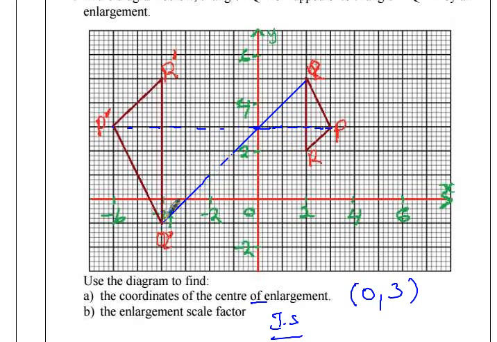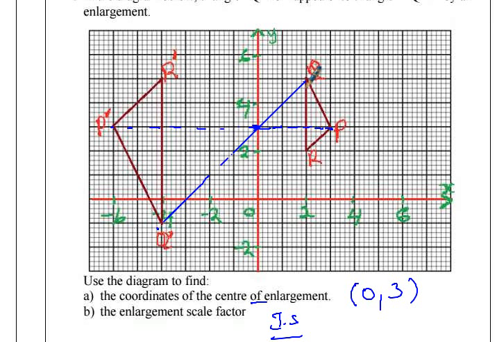For example, I can use Q prime R prime divided by QR, corresponding sides. Or I can use P prime R prime divided by PR. I can also use P prime Q prime divided by PQ. Or I can measure the distances from the center of enlargement, for example, this distance divided by this distance.